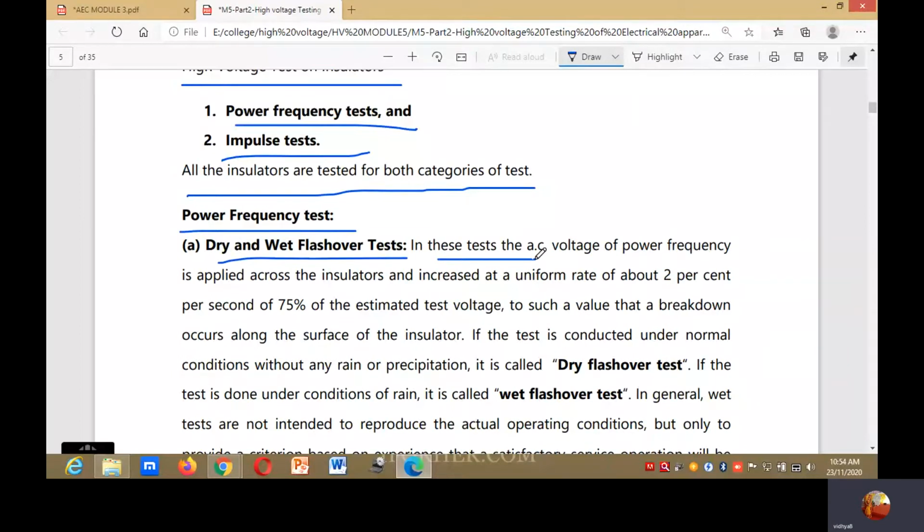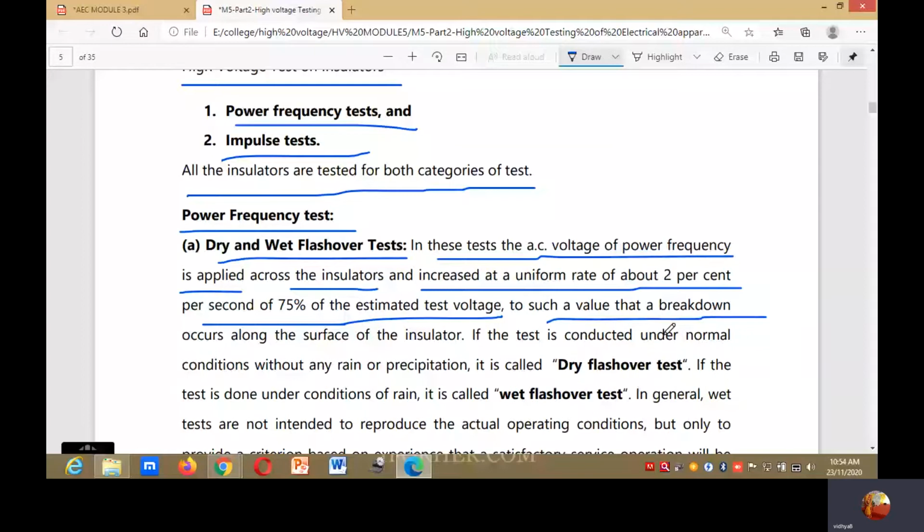In this test, an AC voltage of power frequency is applied across the insulator, and it is increased at a uniform rate of about 2% per second from 75% of the estimated test voltage to such a value that a breakdown occurs along the surface of the insulator.